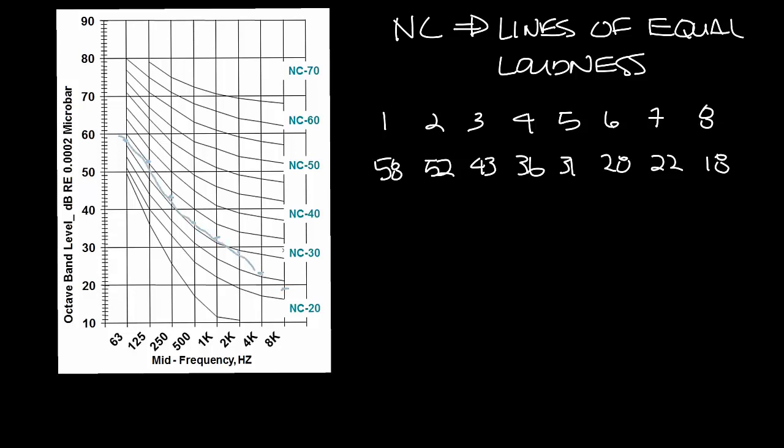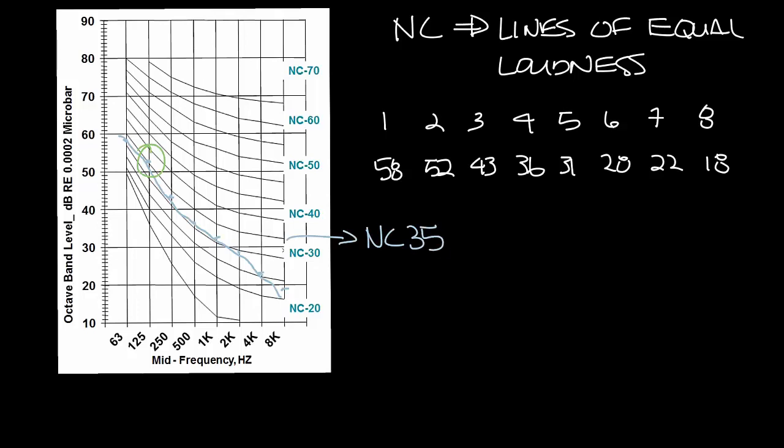Okay, now let's draw a line through all the points. So this is what your sound curve looks like for the data we have here. So looking at the curve, the NC of this unit is the highest NC curve that is tangent to the sound line. So that would be right here. So this curve represents NC 35.